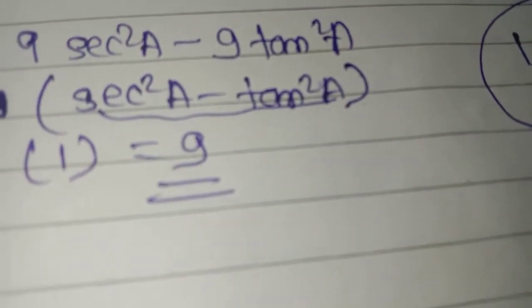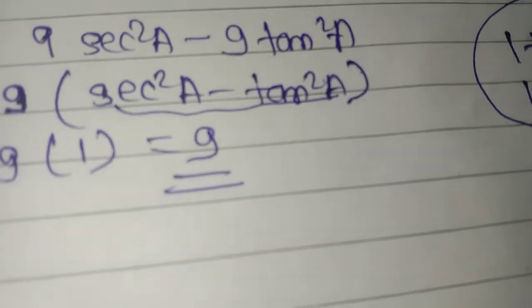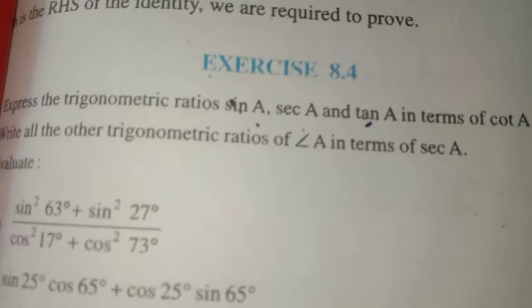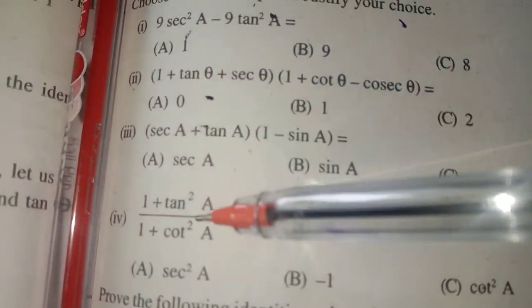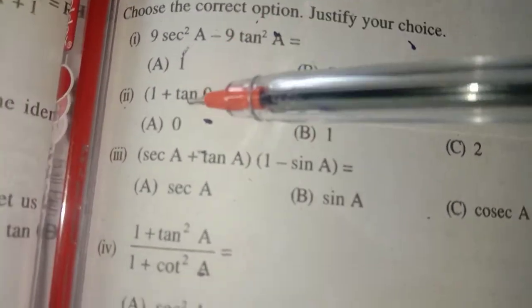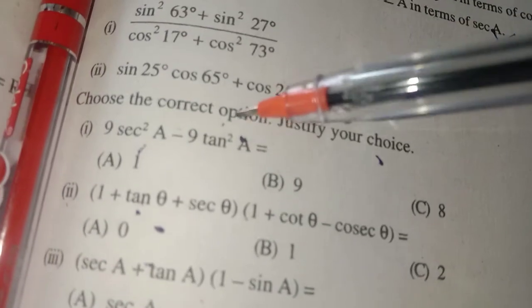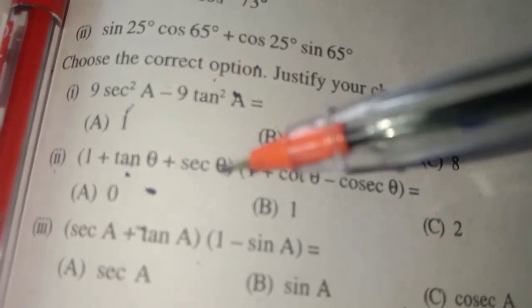Here I am giving you one homework. Evaluate. You have to solve this question, the second question, as well as try to solve the second, third and fourth questions as an assignment. What you have to do: if tan theta is given, convert it into sin upon cos. If sec is given, it will be converted into 1 upon cos.